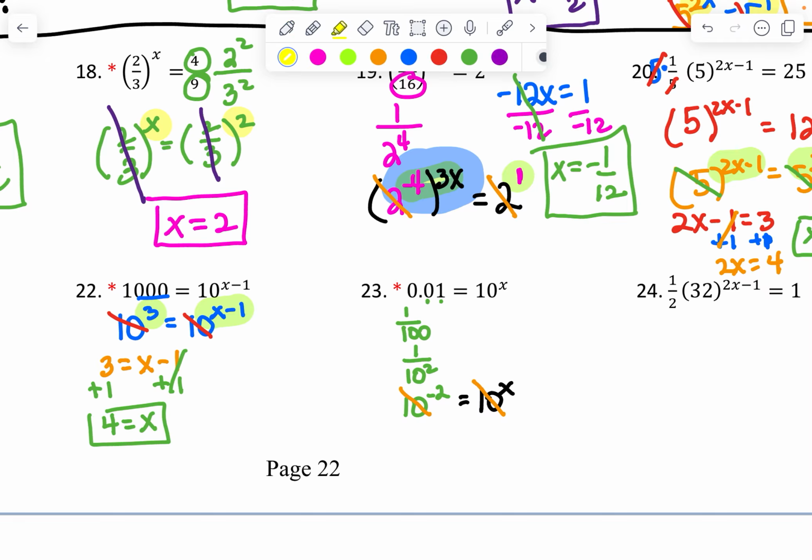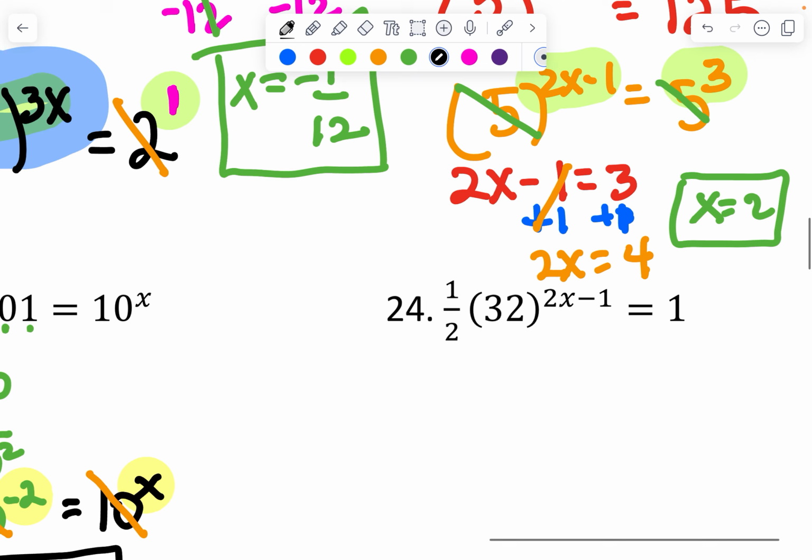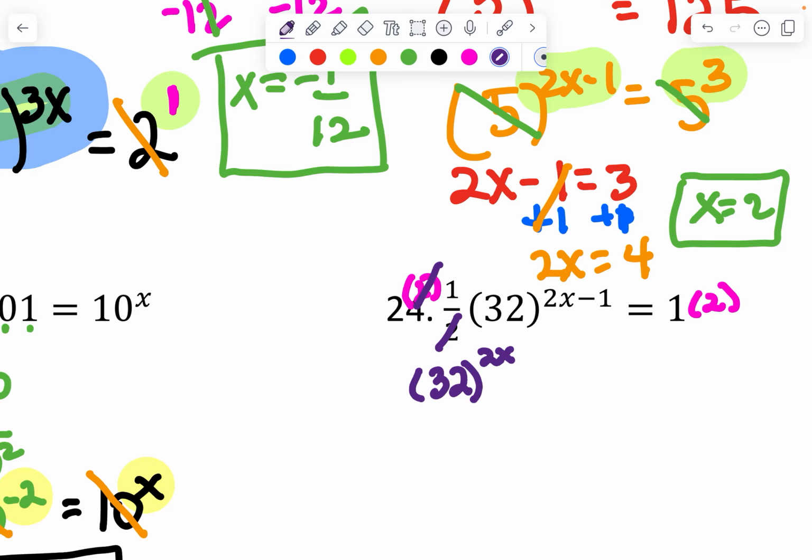Okay? So when I go to cancel out these common bases, what's left is a little bit longer, but that's okay. So I am going to first distribute this. 5 times 2x is 10x. 5 times negative 1 is a negative 5. And on the other side, you still have that 1. So here we go. Add 5 on both sides.